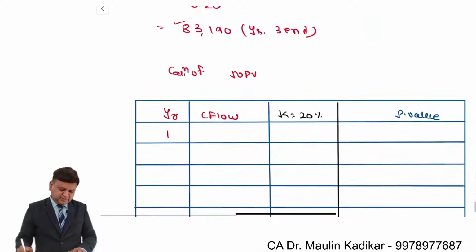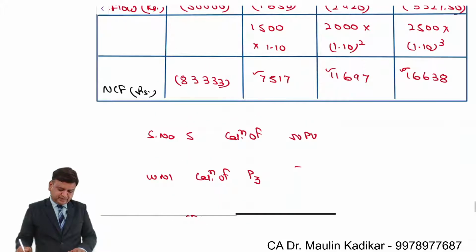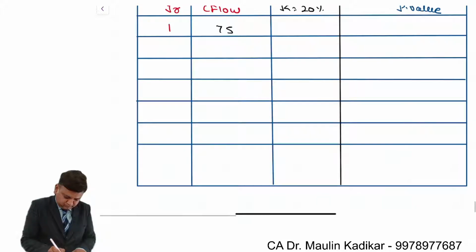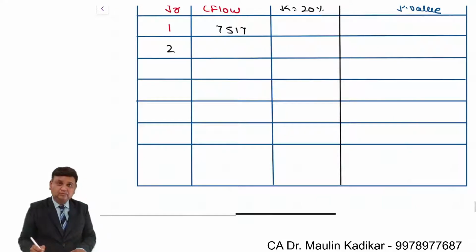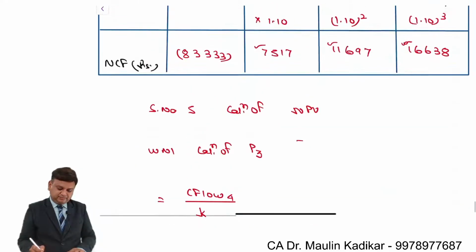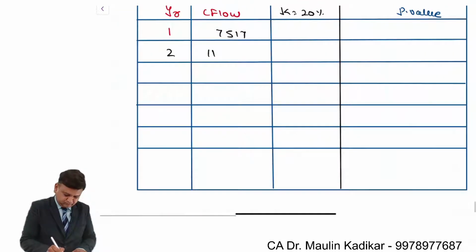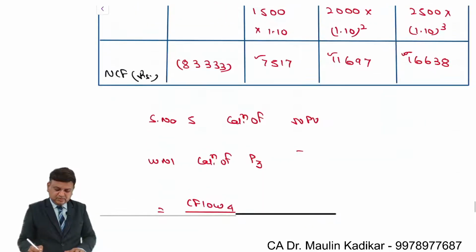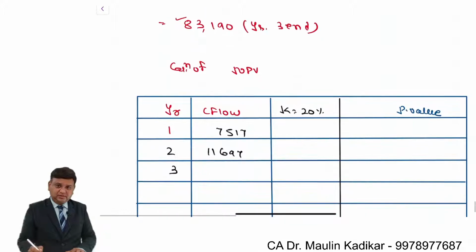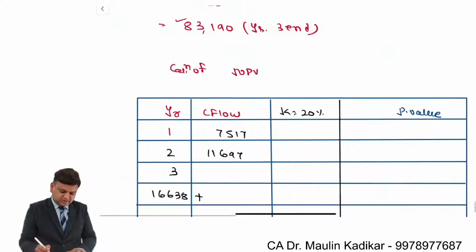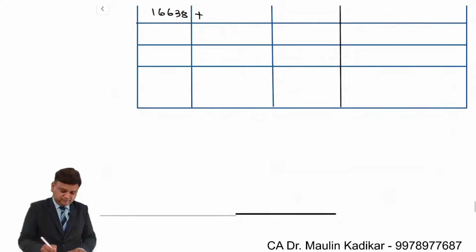Okay. Now first year cash flow is 7517. Second year 11,697. Third year 16,638 plus 83,190.